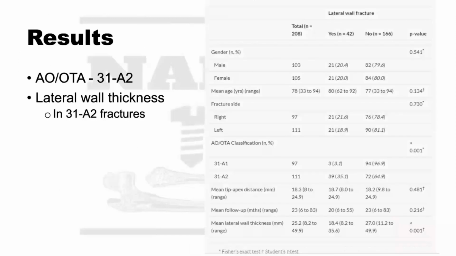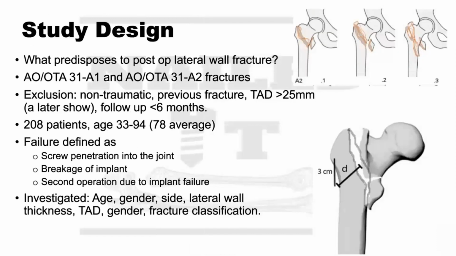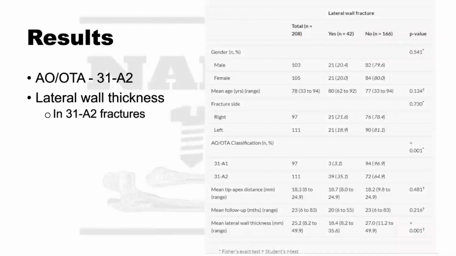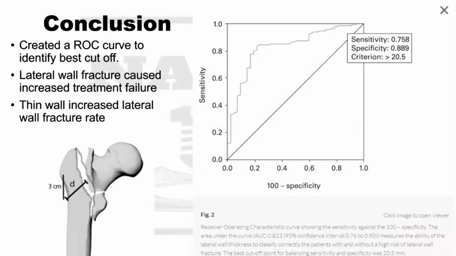They had, once again, 208 patients, which included 39 failed fractures in the 31-A2 group and 3 fractures in the 31-A1 group.